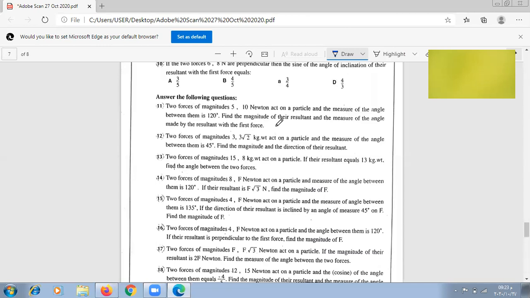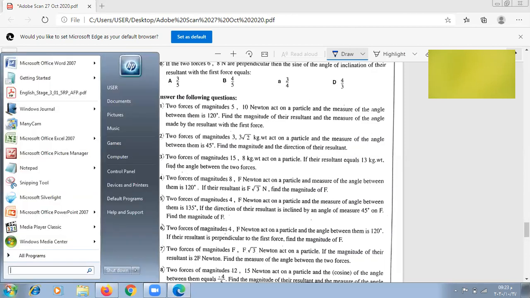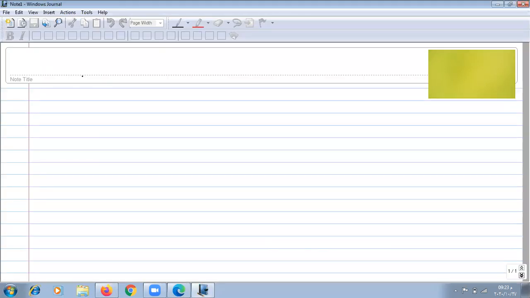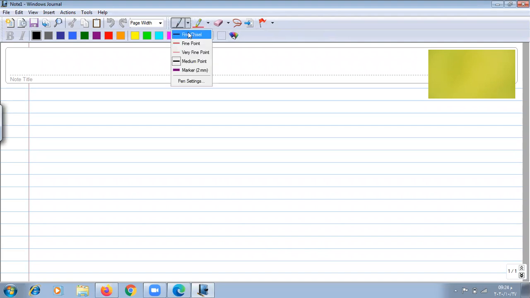Let's see the answer together. Remember, number 11 in the school book.